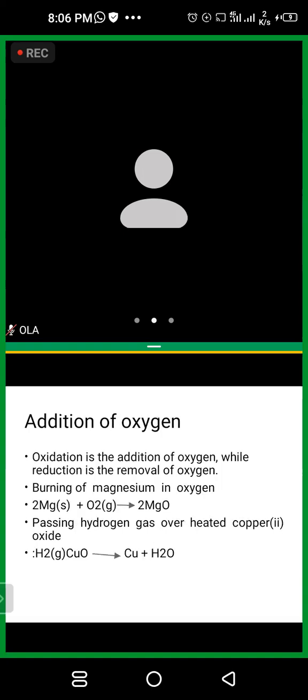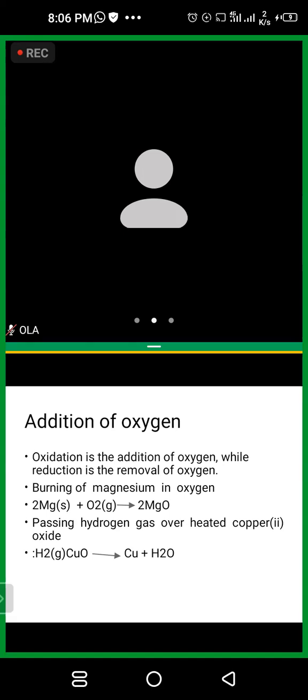So the first one, addition of oxygen. Oxidation in terms of addition of oxygen is when oxygen is added to a substance, while reduction is when oxygen is removed from a substance. Now, what do we mean? The example there is magnesium.